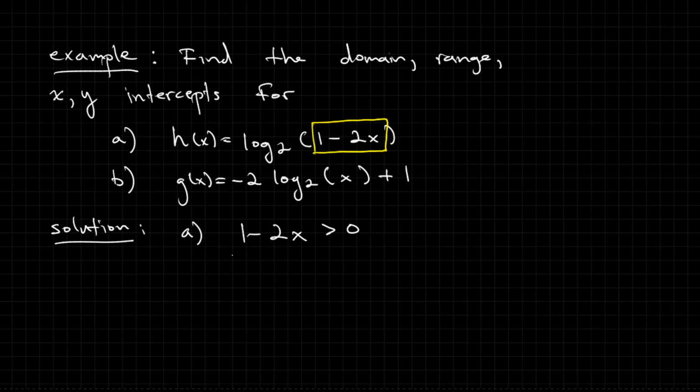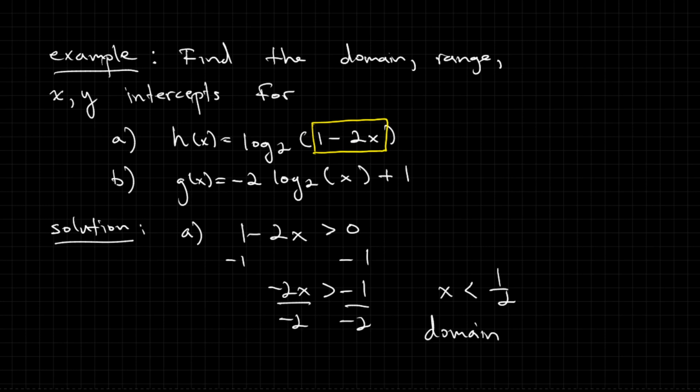And on solving for x by subtracting 1 and then dividing by -2, remember flip the inequality sign when you divide or multiply by a negative, we get that x is less than 1/2. So the domain is the x values that are less than 1/2 and in interval notation that would read -∞, 1/2.